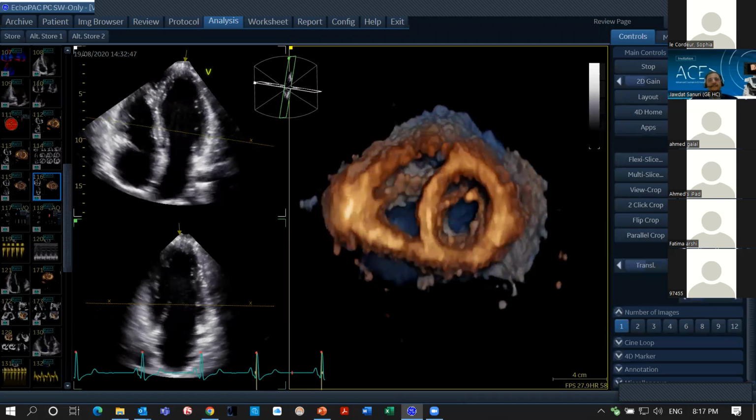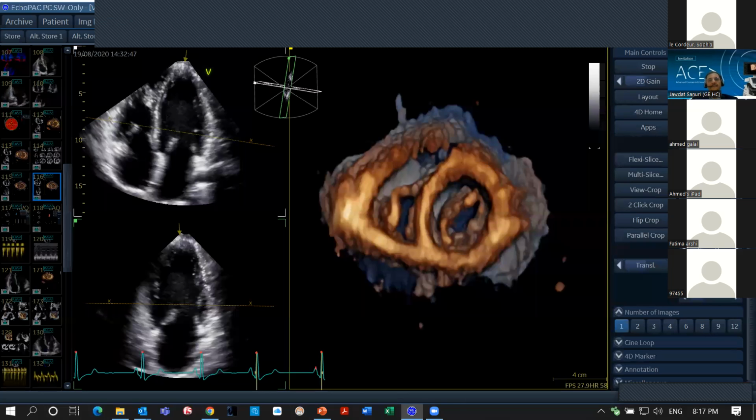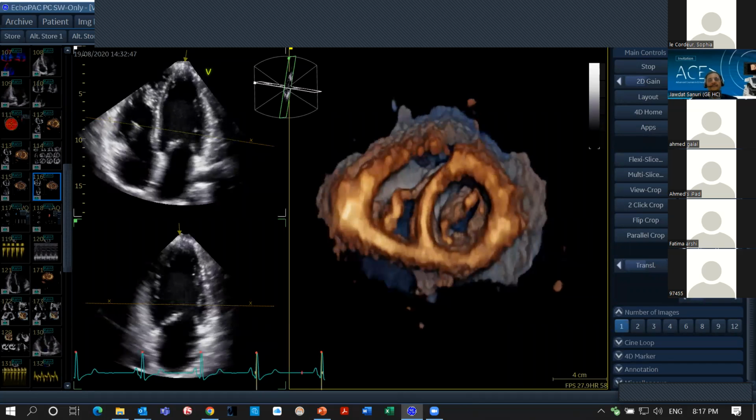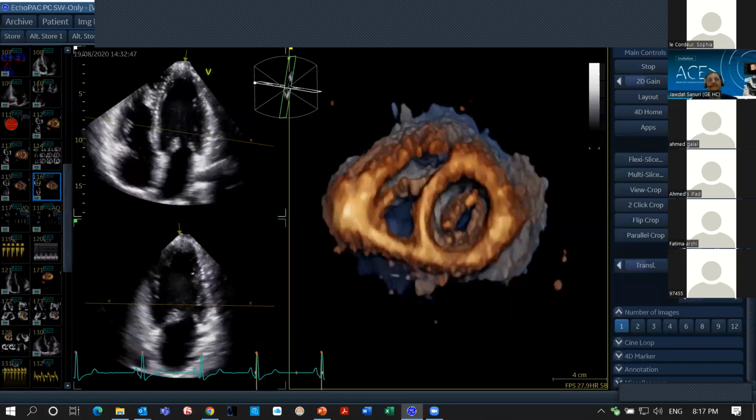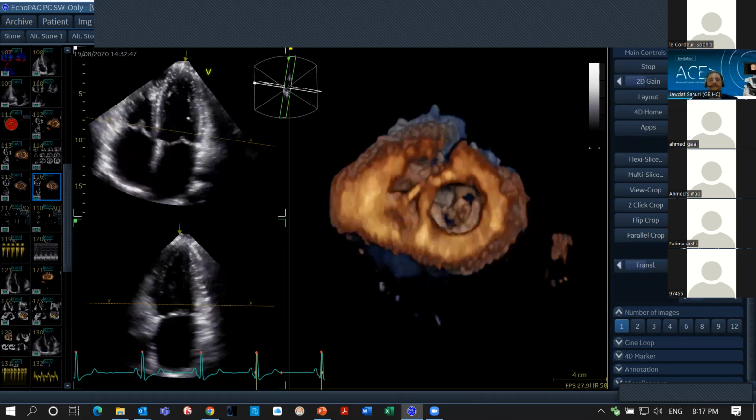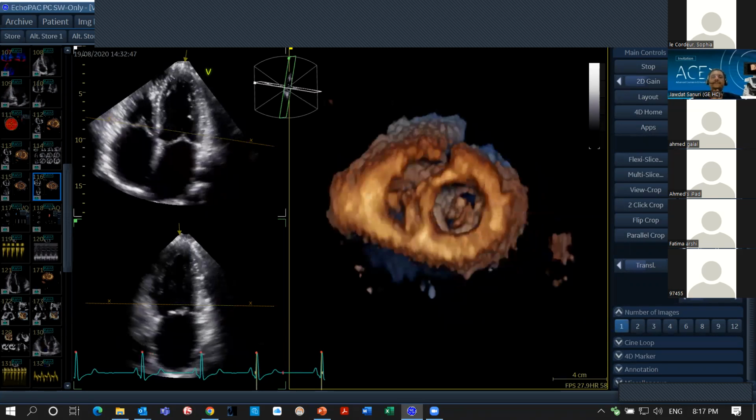I want to ask if there is validity of Tomtec from GE machines. It is valid.